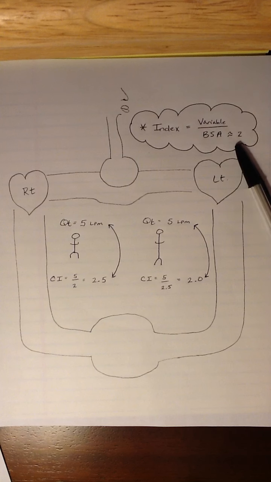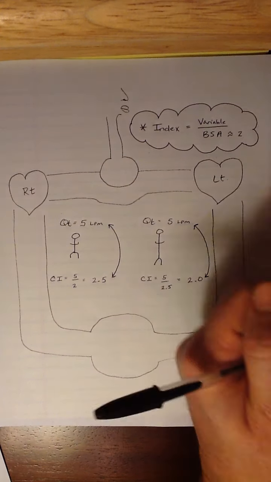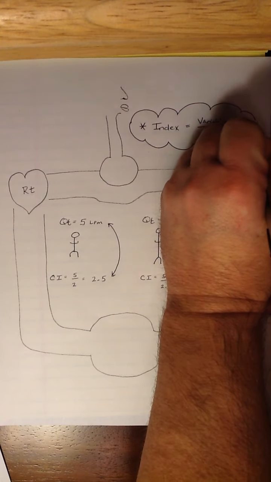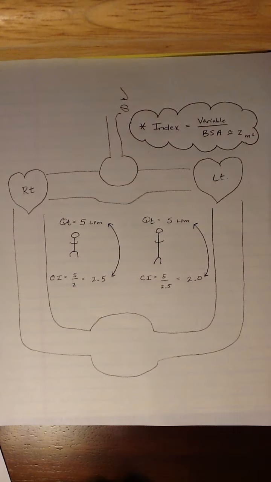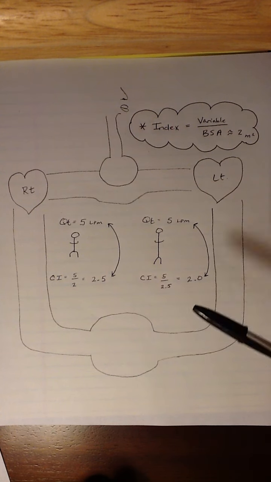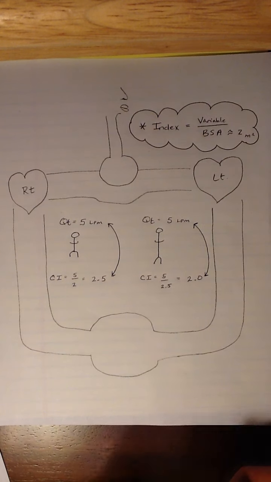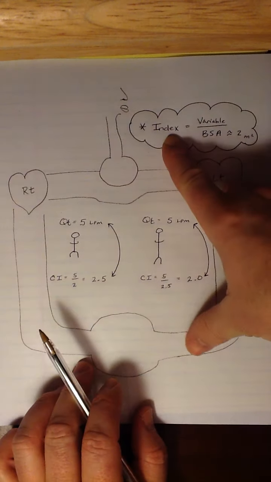And again, just to make things easy, typically we'll use a body surface area of 2 meters square. And when we get to this in our upcoming unit, we'll actually look at a body surface area chart and find out what our own body surface area measurement is. But this is just to help get the concept across.